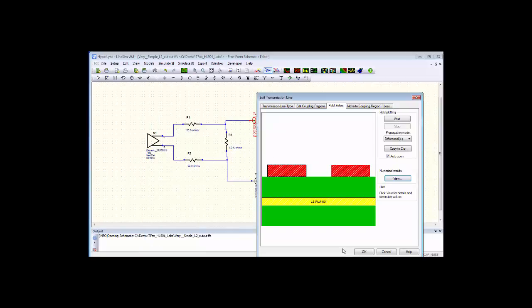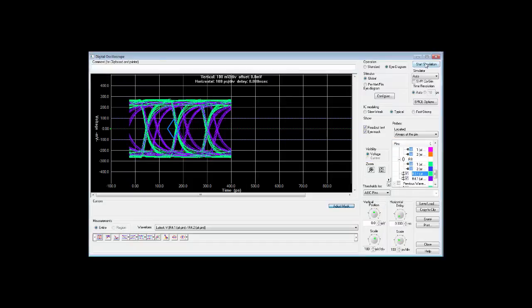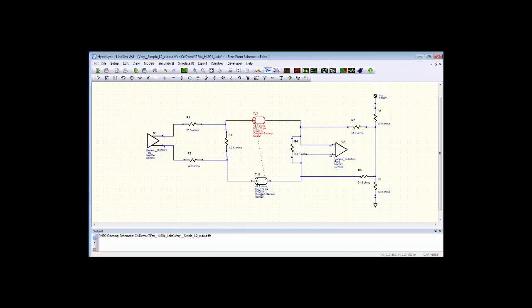So if I take the old values here and run that, now with the new separation, I'm starting to get a little bit ragged there.